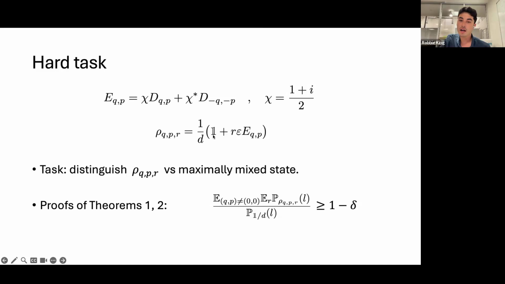And then we take the state, which is the maximally mixed state, plus an epsilon signal of this Hermitian E with a random sign. R is like a random plus minus sign. So this is a collection of states given by Q, P and the sign R. And the task is, if I give you copies of this state versus copies of the maximally mixed state, which has no signal, you have to distinguish if I've given you this or the maximally mixed state.